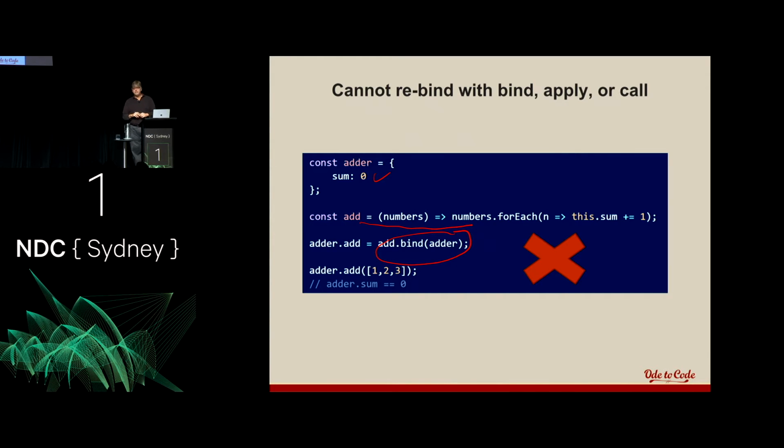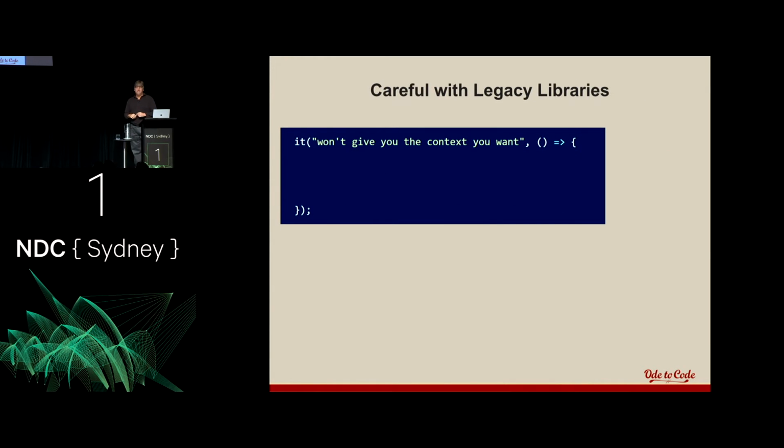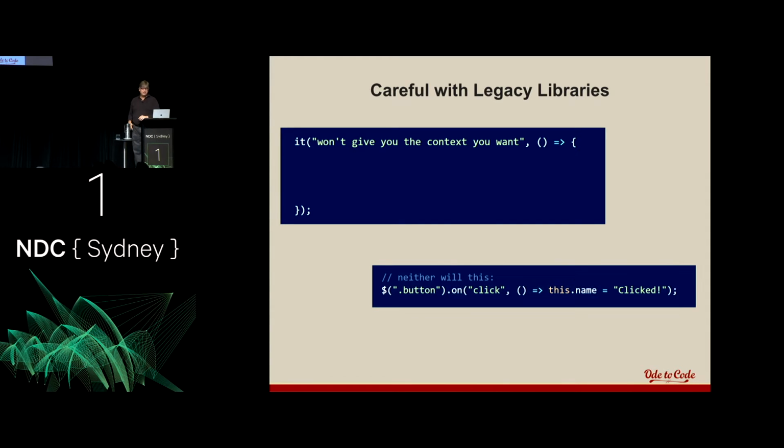React programmers run into this a lot because they try to define functions and bind them to the object they're going to be working with. And when they define them using arrow functions, they can run into trouble. What are some other scenarios where you run into trouble with that? Well, let me start with this second example, actually. If you're using jQuery, it's quite common to wire up a button click event. And when jQuery invokes your callback function because it's been clicked, jQuery will try to set up the this reference so it can pass in the DOM element that was clicked on.